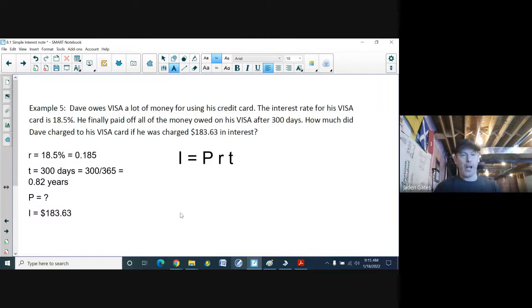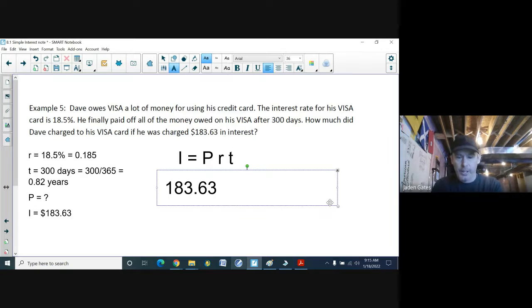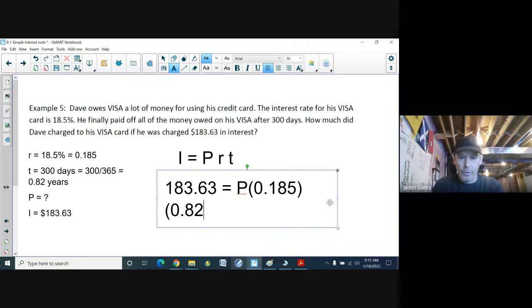All right, so I have all my values. It's time to substitute in and solve for P this time. This time I have the interest, 183.63, equals the principal, which we're trying to figure out, times my rate, 0.185, times the time, 0.82.